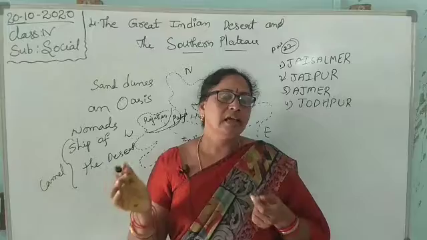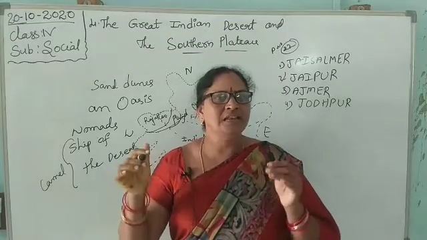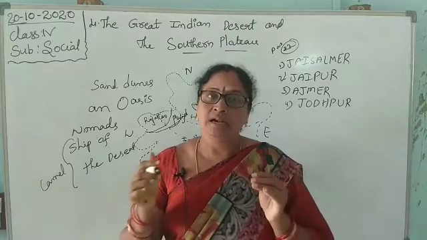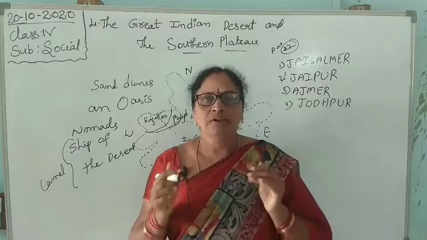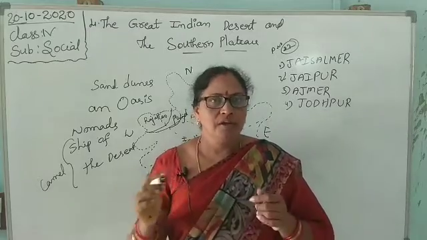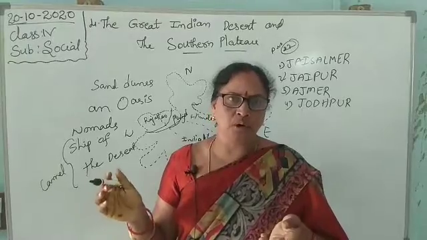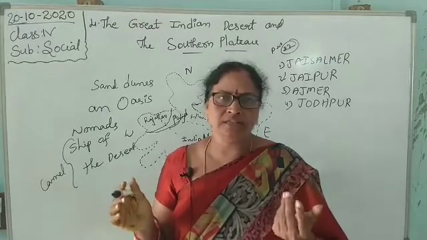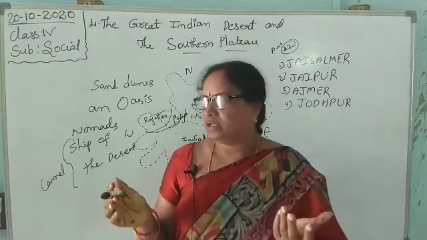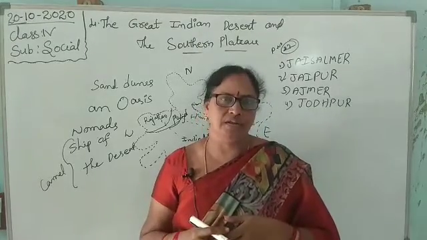Why? Because the camel has long feet which can easily walk in the sand, and it can live without water for a few days. If we use any other animal to carry loads, after 2 or 3 days it can become very weak because there is no water to drink.